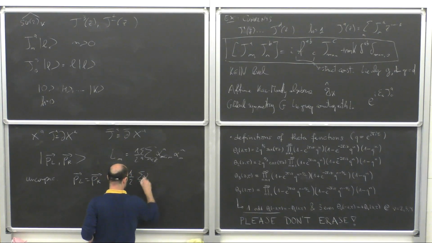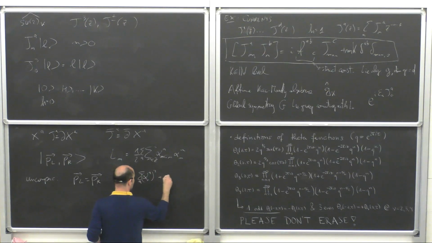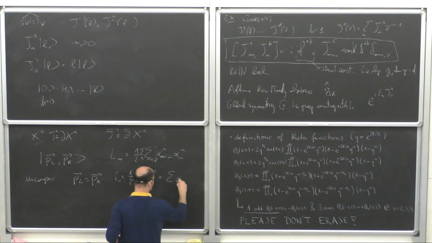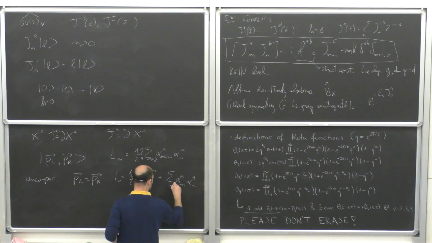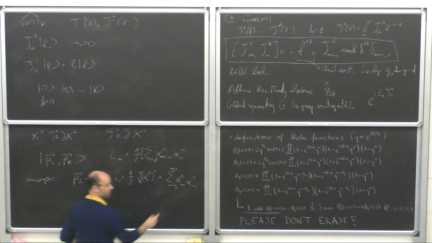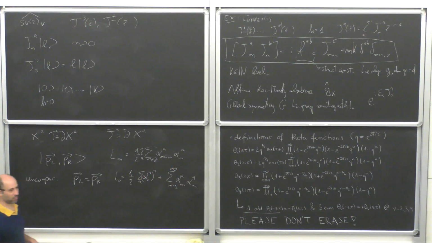You have 1/2 the sum over the zero modes squared. And then you sum over α_{-n}^a α_n^a, with n going from 1 to infinity. So you put the positive mode on the right.